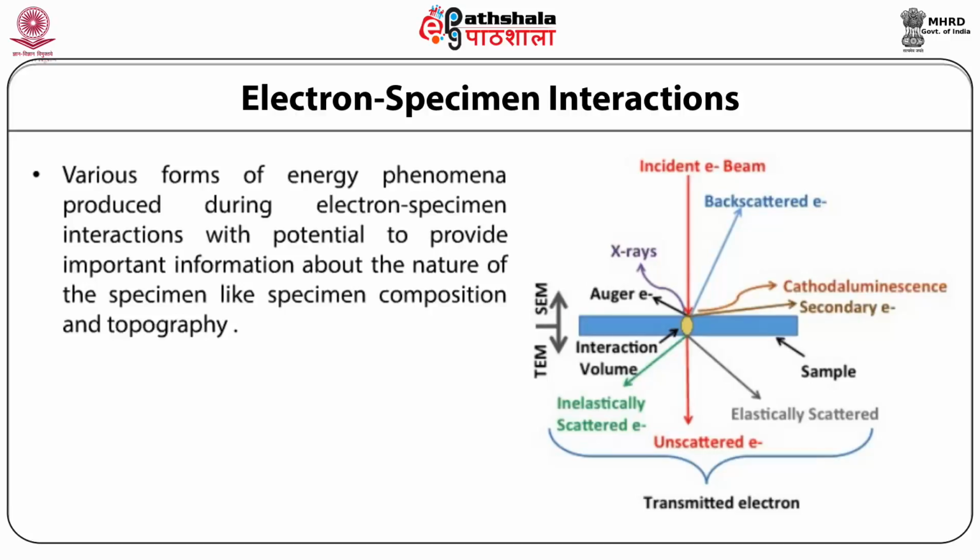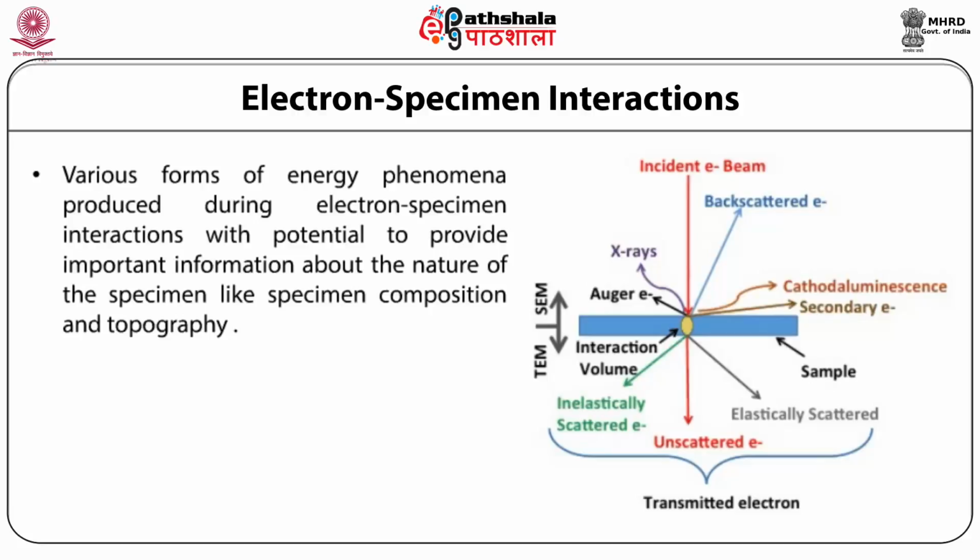When an electron hits a material, different interactions can occur, as summarized in the figure below. The electron specimen interactions can provide information about the specimen composition, topography, crystallography, electrical potential and local magnetic fields.